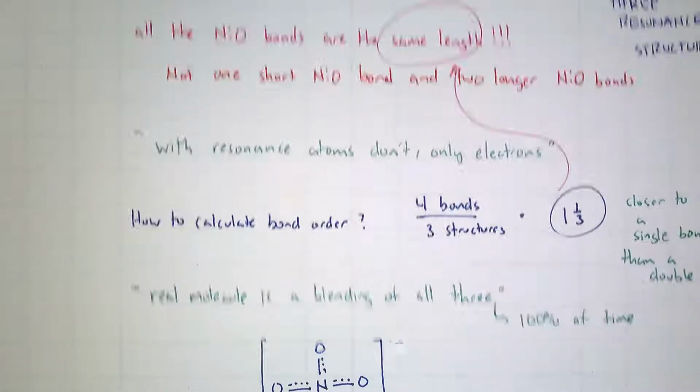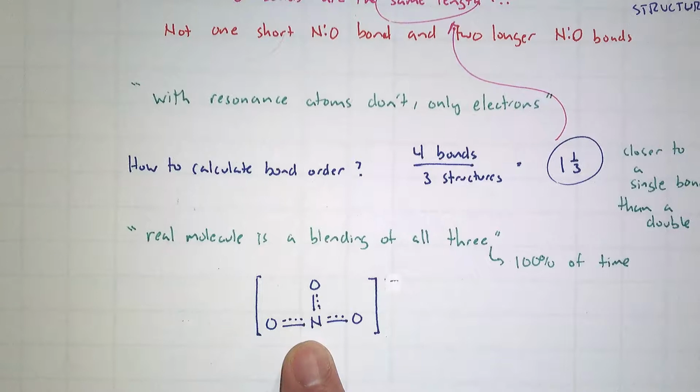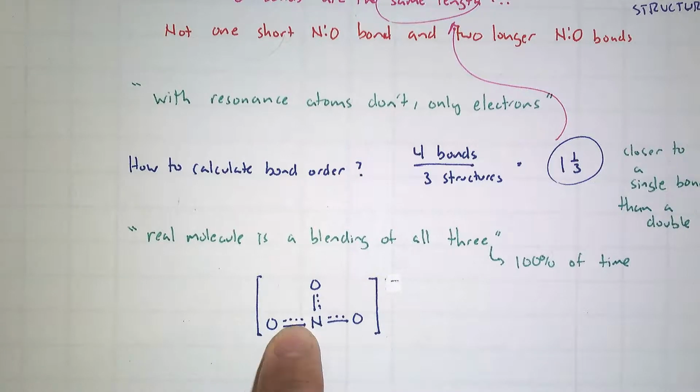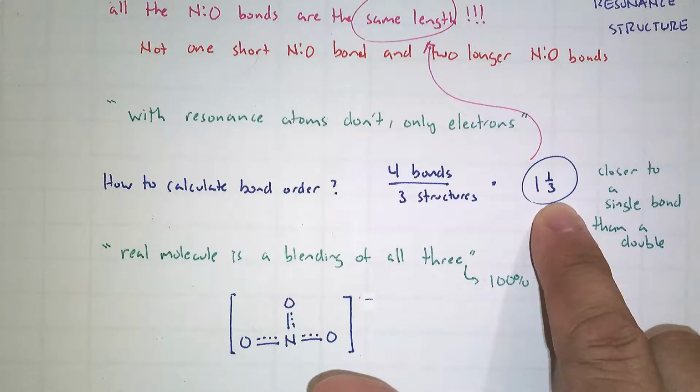This is what the molecule looks like in real life, and you can see how that's a pain, because you're drawing dotted lines now, and you don't even know if that dotted line is a half bond, or in the actual case, a third of a bond.